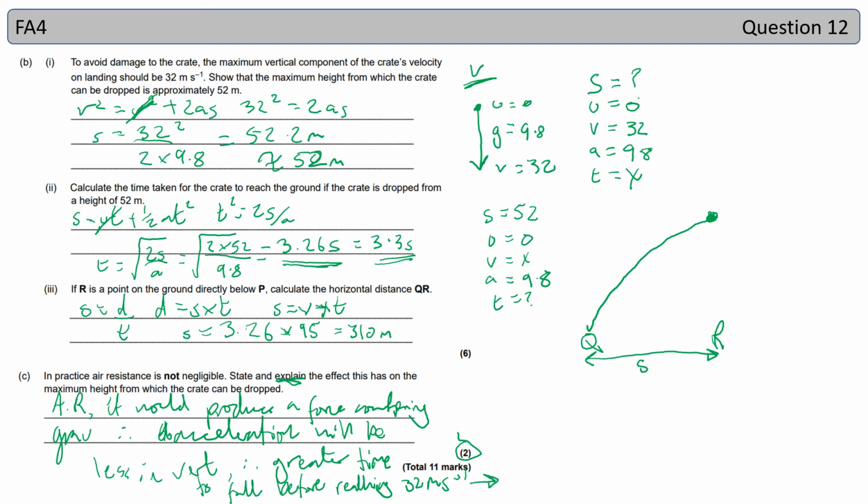And the effect of that is to increase the height. So we've got our statement here, it increases the height, and our reason: air resistance is going to produce a force in opposition to gravity, therefore the acceleration on it is going to be less. Therefore we can drop it from a greater height before it will hit that maximum speed.